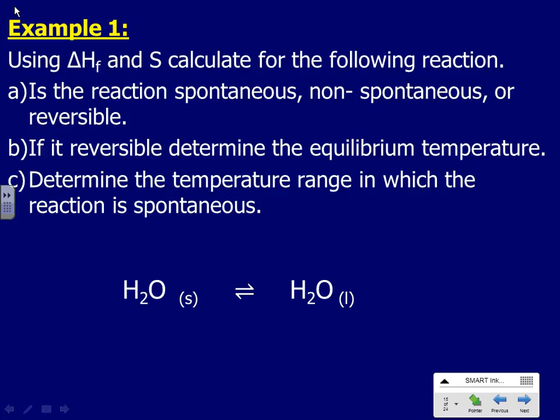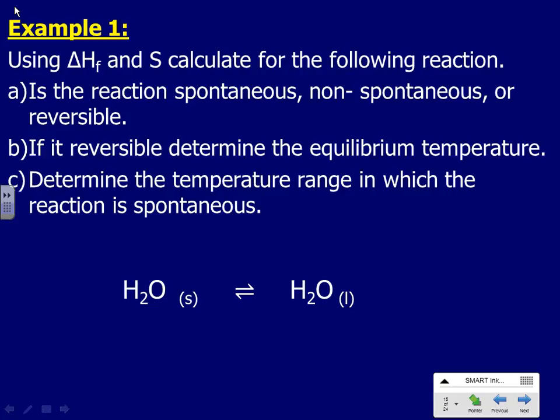If I have the opposing situations, I will have one of these terms being positive and the other term being negative. When they're the same sign, because of this negative here, when delta H and delta S are the same sign, one term will be negative and one term will be positive, which means one will cause the delta G to go up and the other will cause the delta G to go down.